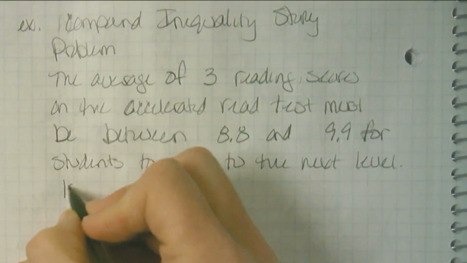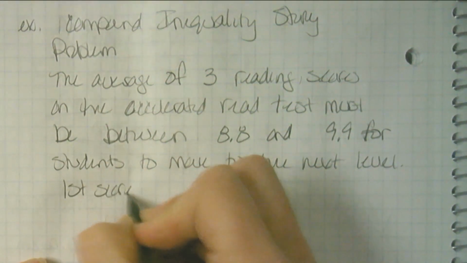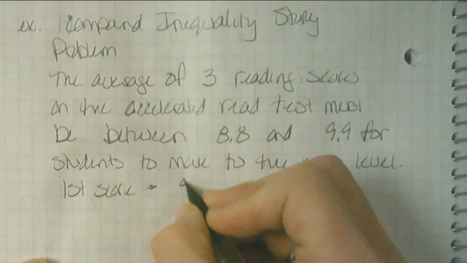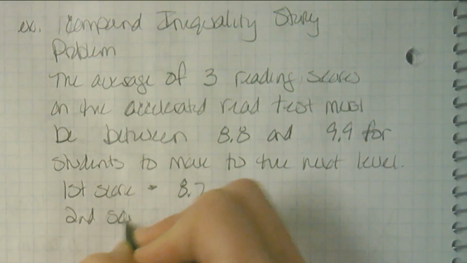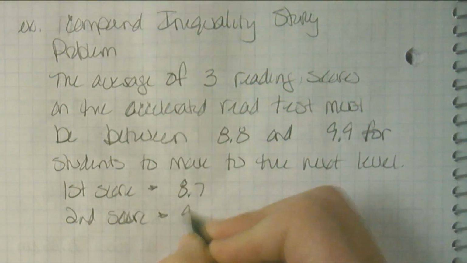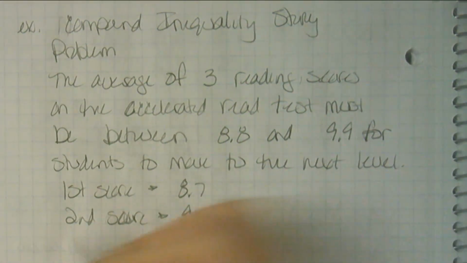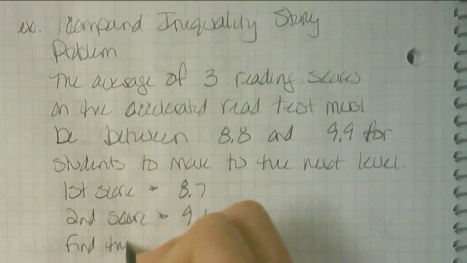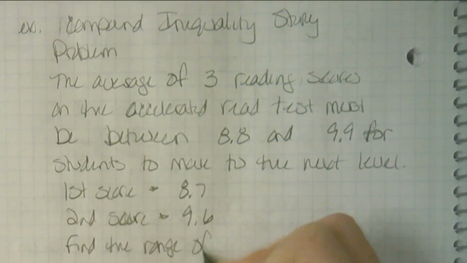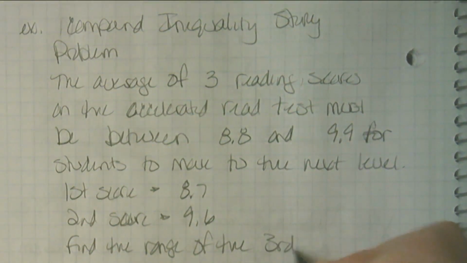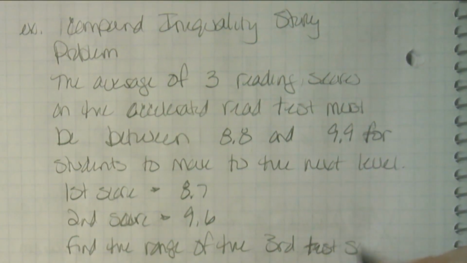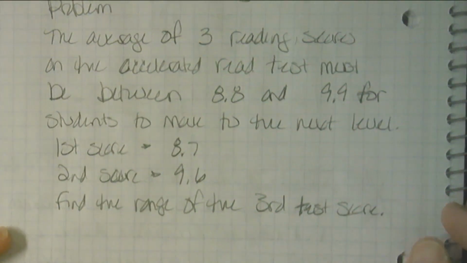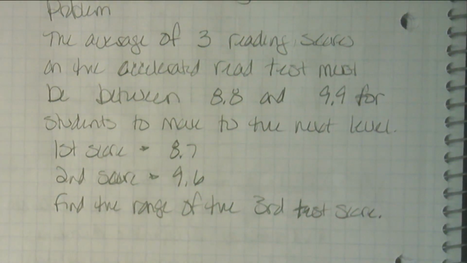All right. The first score was an 8.7. The second score was a 9.6. Find the range of the third test score. All right, there's no absolute value because there's not a varies by.